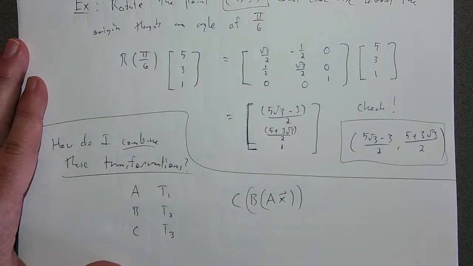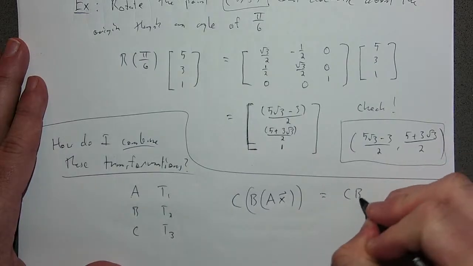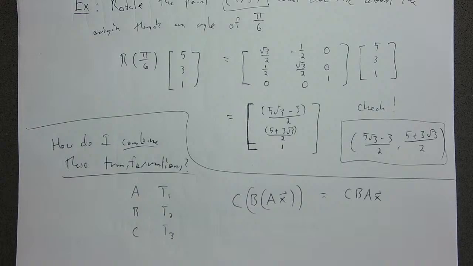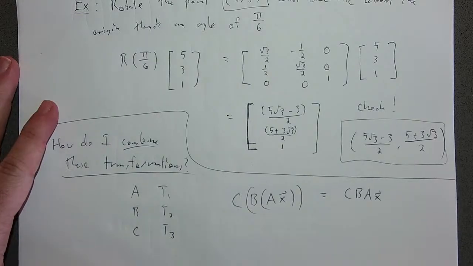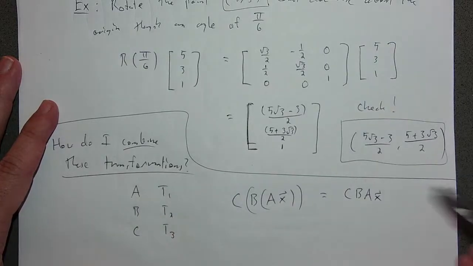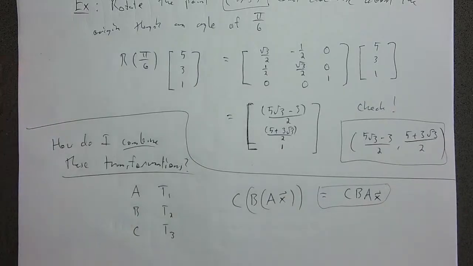Because of the generalized associativity property, there's no ambiguity if I write these without parentheses, so I can just write it in this order. And the thing to remember is that yes, we do A, then B, then C, but in terms of matrix multiplication, this is read from right to left. So this is how we're going to combine these things.